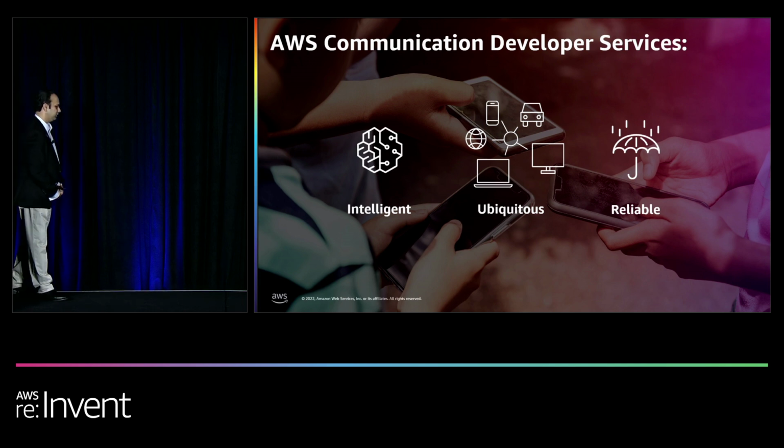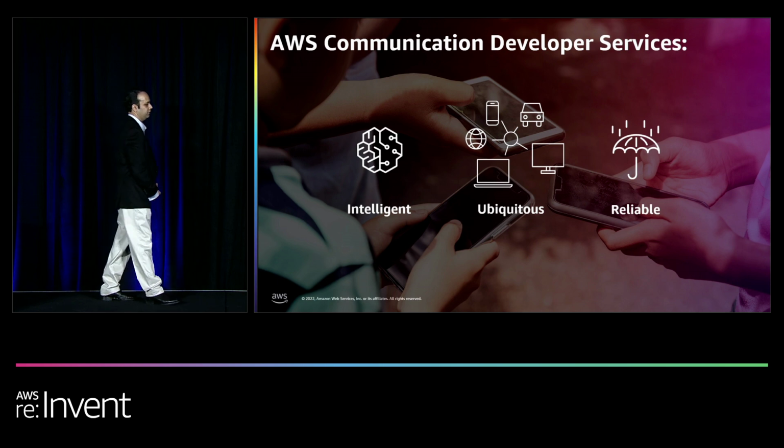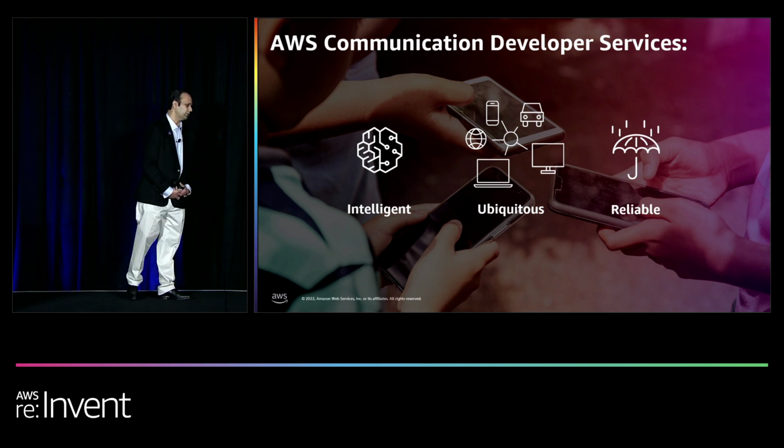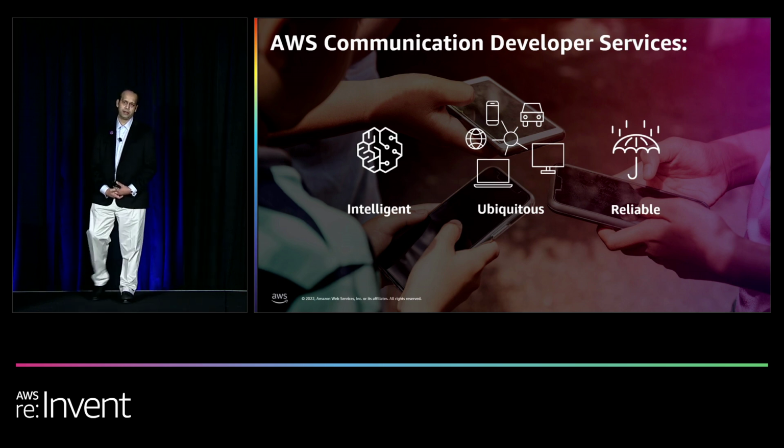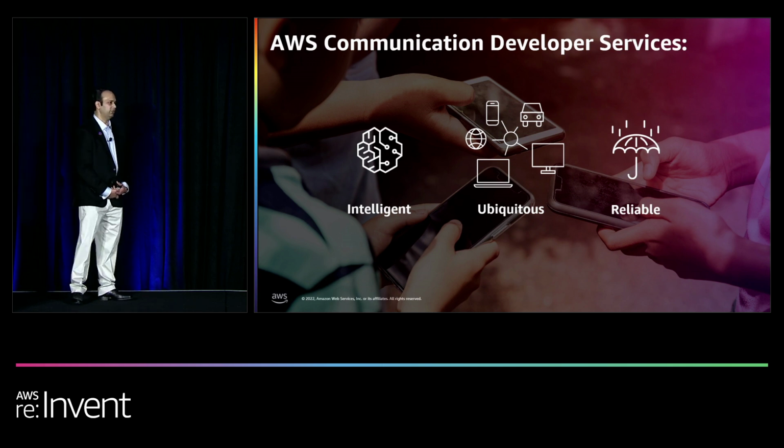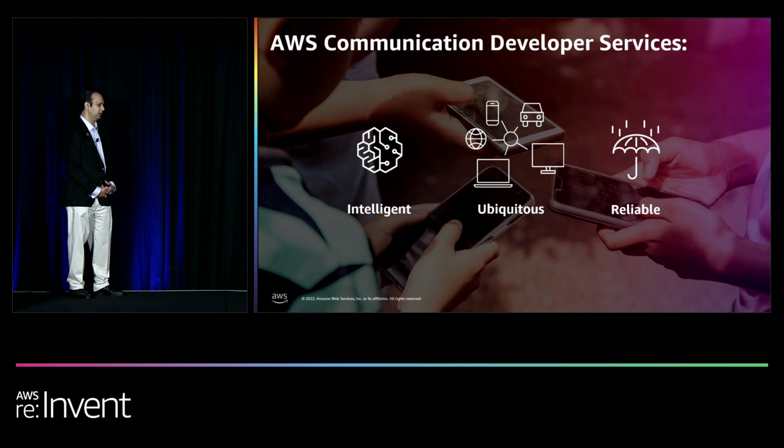A second requirement is the ubiquity aspect. That's the ability to provide access across the devices in terms of how a customer wants to access these services, so a broad set of device compatibility and interoperability.